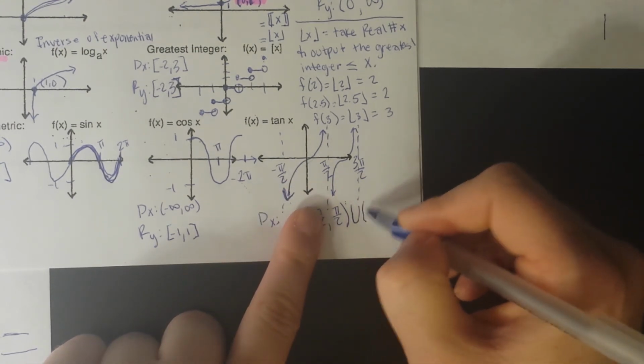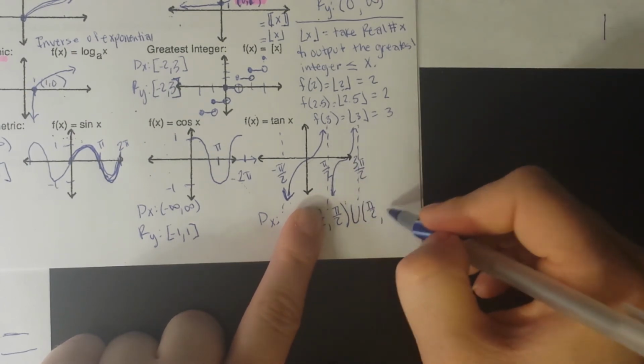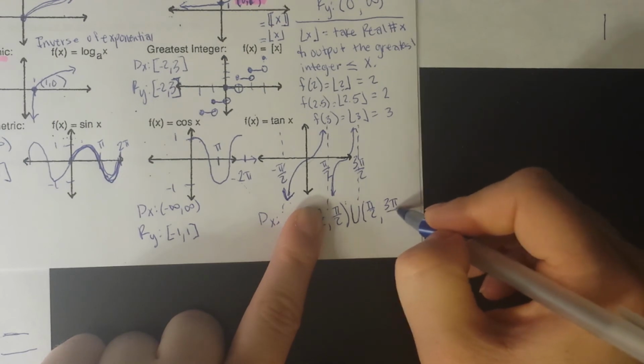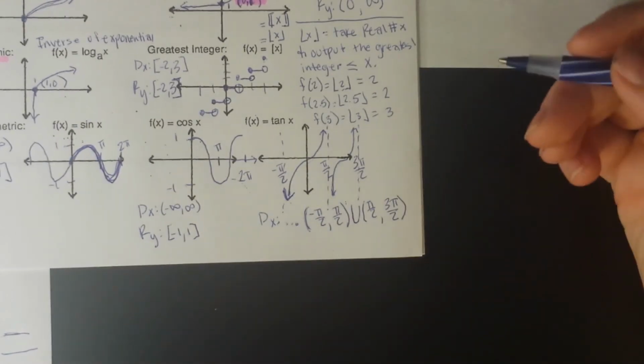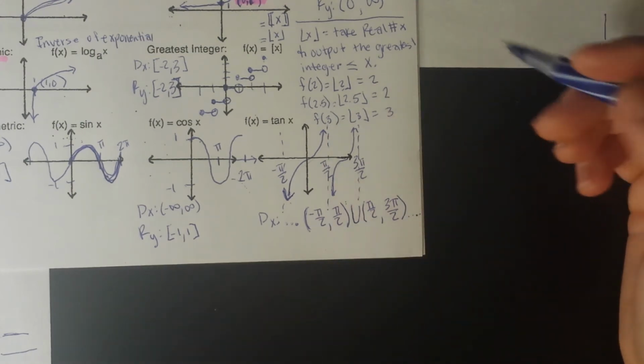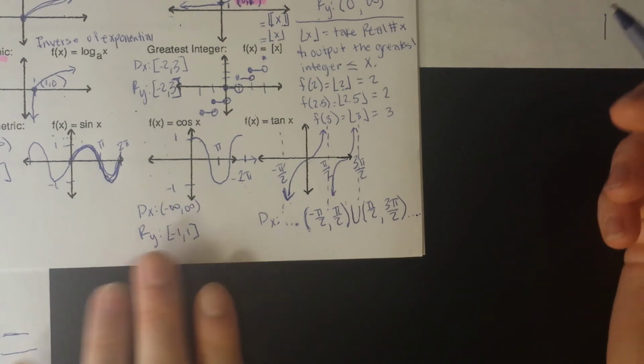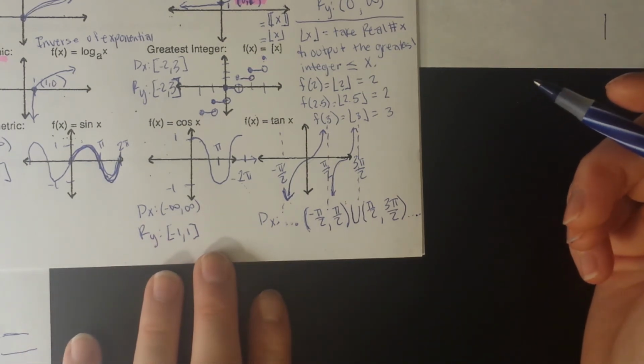Union, it's going to get close again to pi halves, went down, down, down, but doesn't touch pi halves, comma, goes up to the right to 3 pi halves, but doesn't touch, and I mean this can continue on, dot, dot, dot, with each of the intervals, with all these unions in between. So the domain is kind of funny to write.